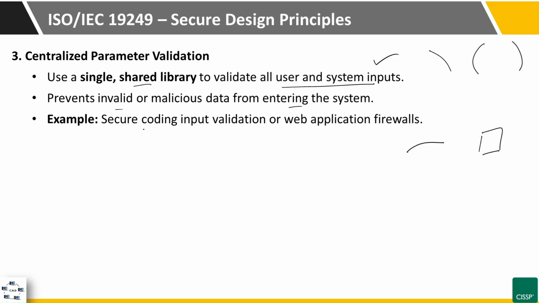An example includes secure coding input validation or a web application firewall. If I give the example of the web application firewall, it means that all the requests must go through this firewall, and this firewall basically validates the input for security and then passes it onward to the application, and then eventually to the database.